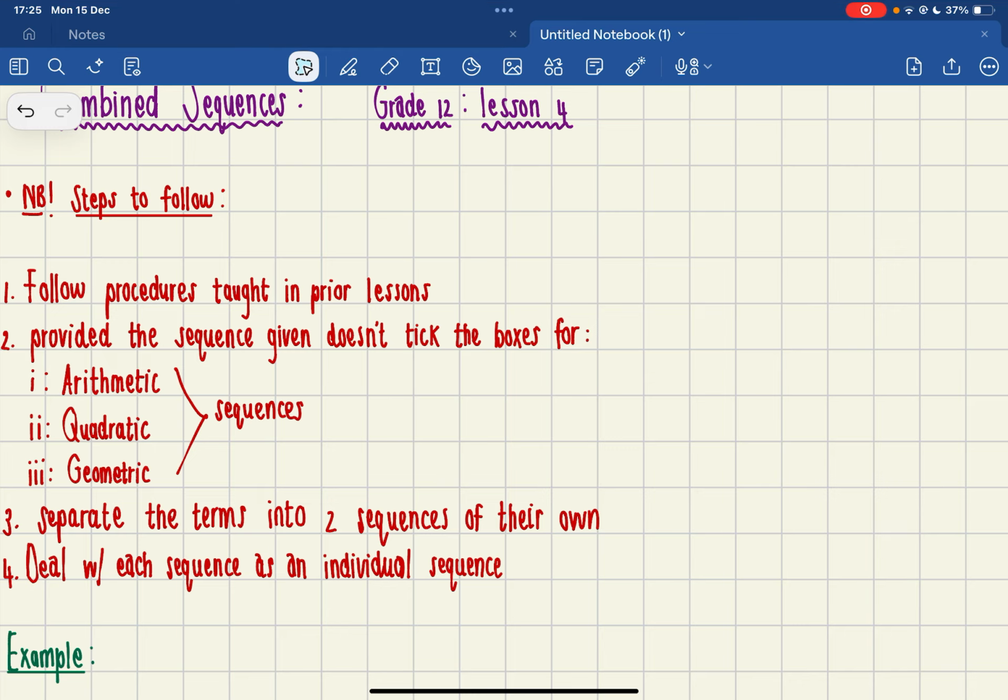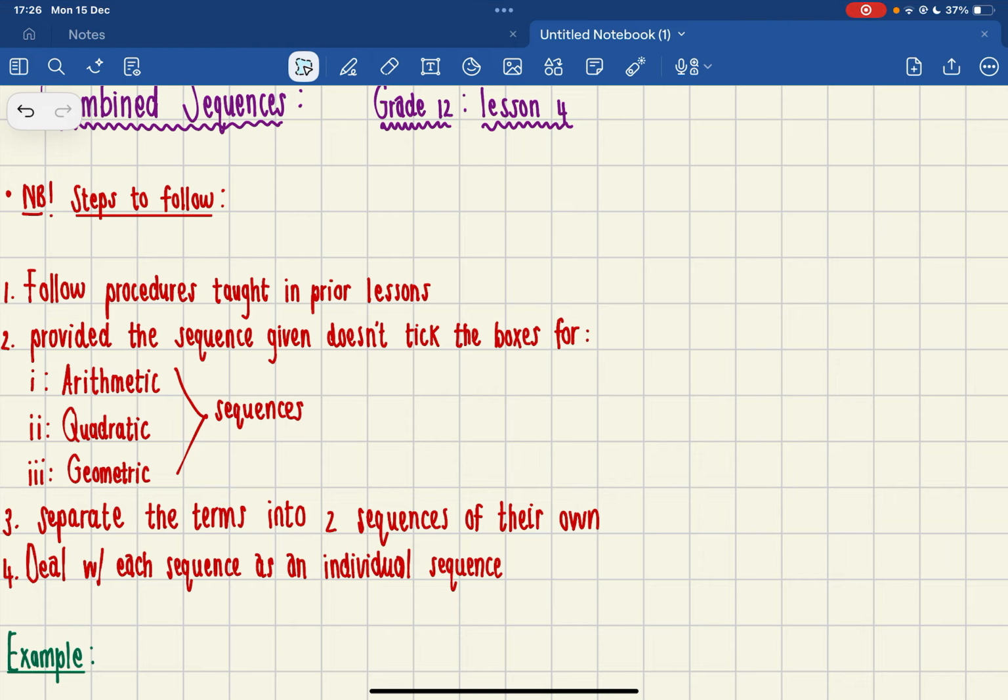Combined sequences, grade 12s. Here are the important steps to follow. Step 1: follow all procedures taught in prior lessons and see whether the sequence matches either arithmetic, quadratic, or geometric.